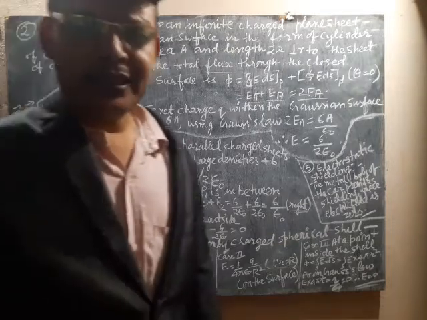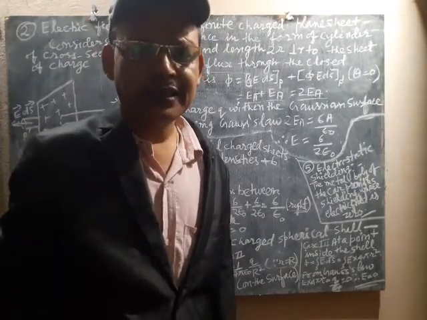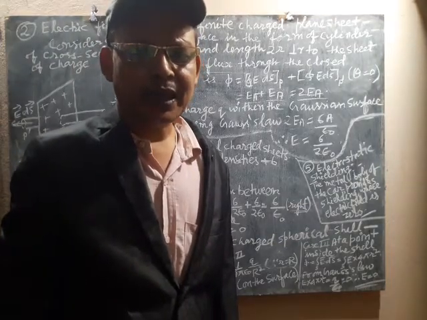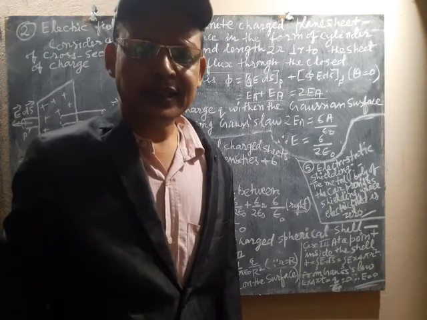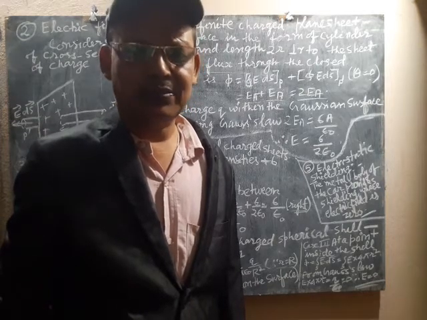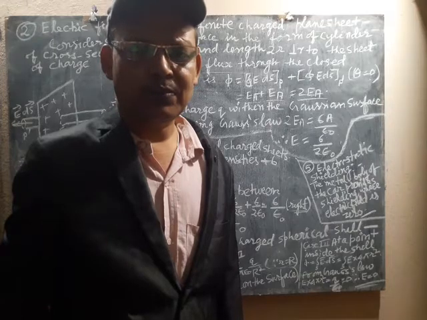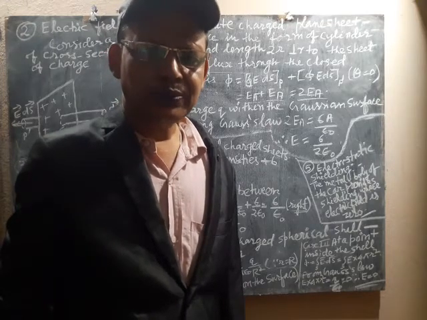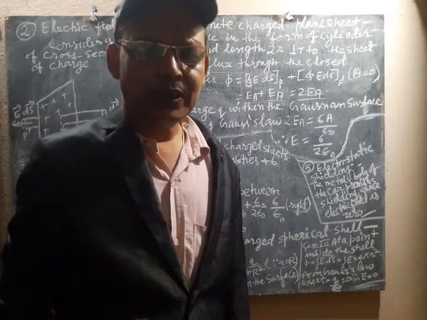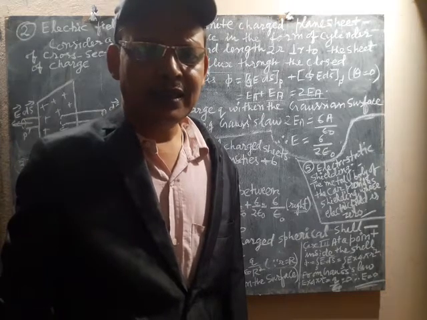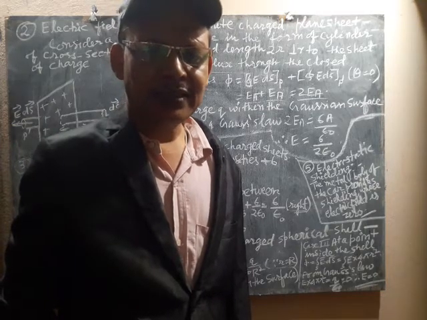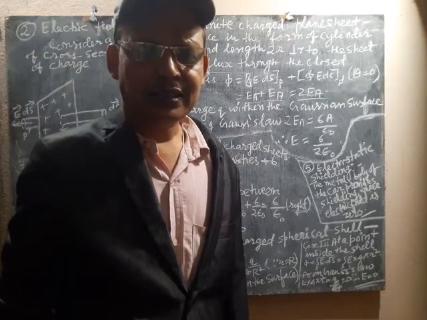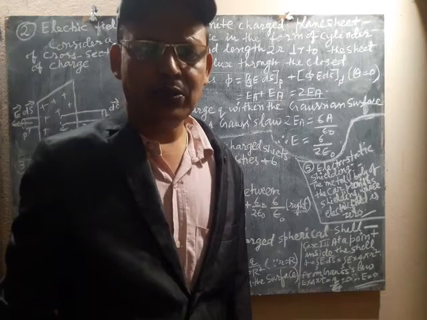If there is lightning, and you are sitting inside a car, you can be saved. There is no problem, because the car is made of metal, and inside the metal there is no electric field, so electric current will not flow.